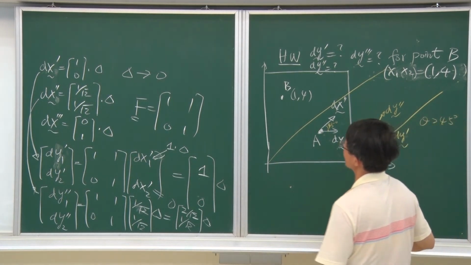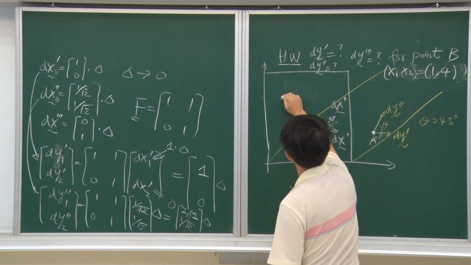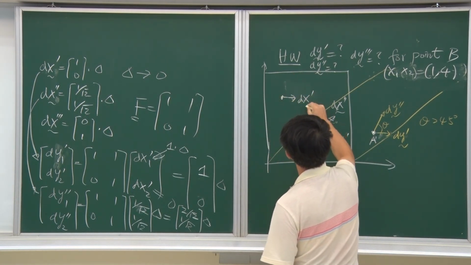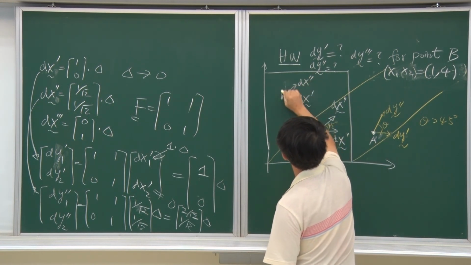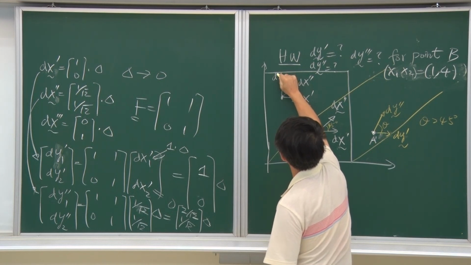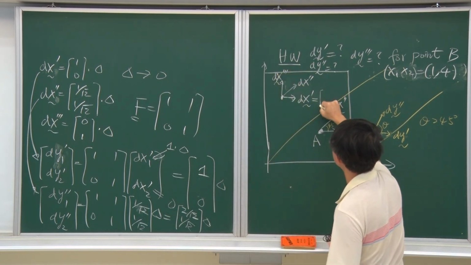Okay, deformed material line here, (1, 4), and we have three material lines. Calculate this deformed material line by yourself.